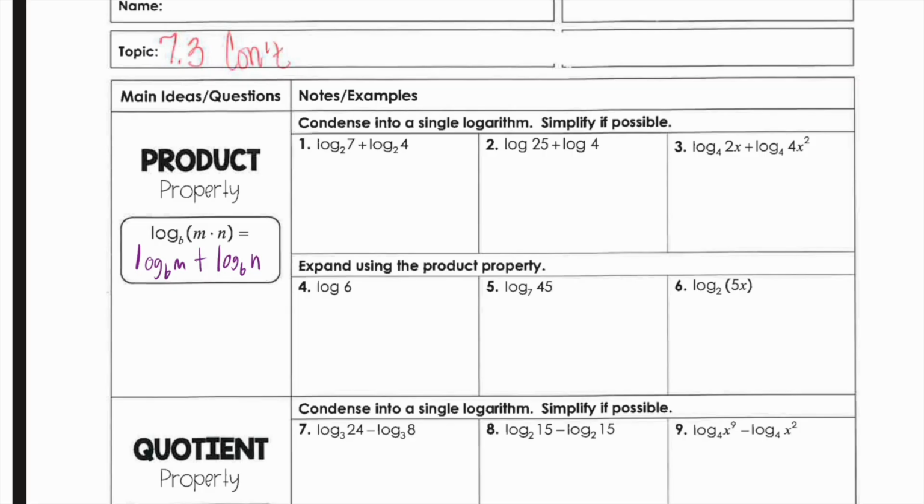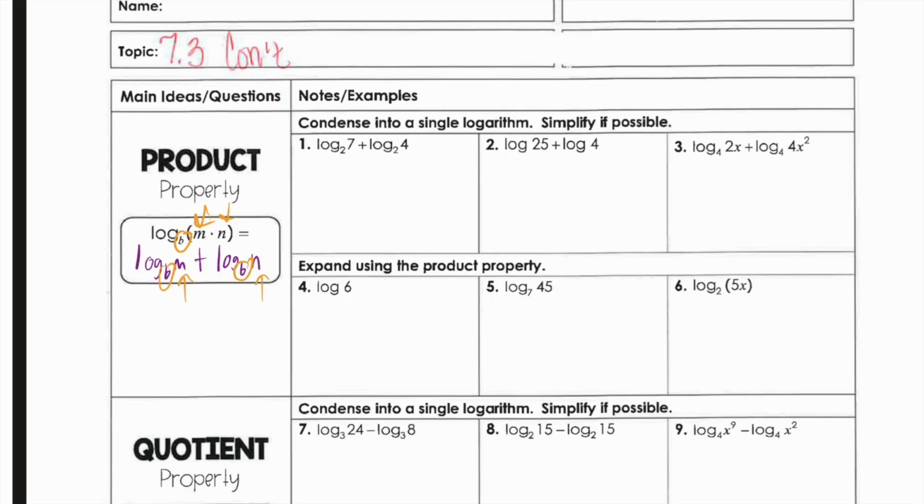You can separate it into two separate logs, where the two logarithms being added both have the same base, of each factor. And it also works in reverse.